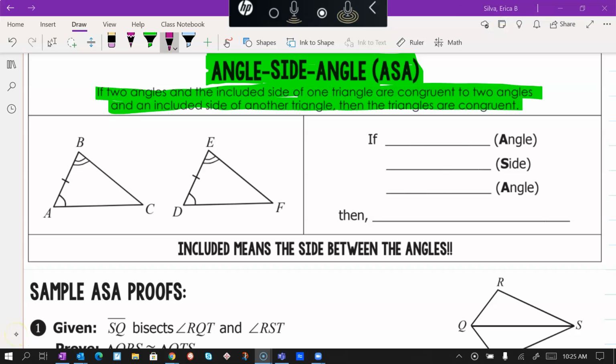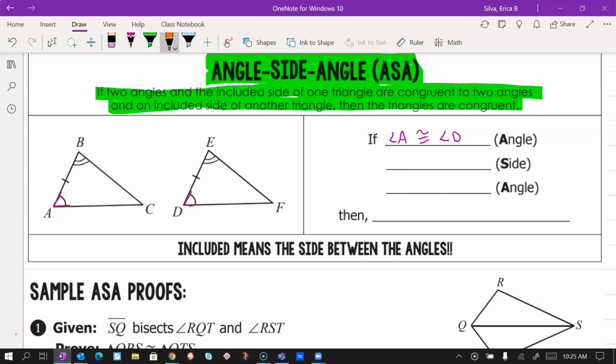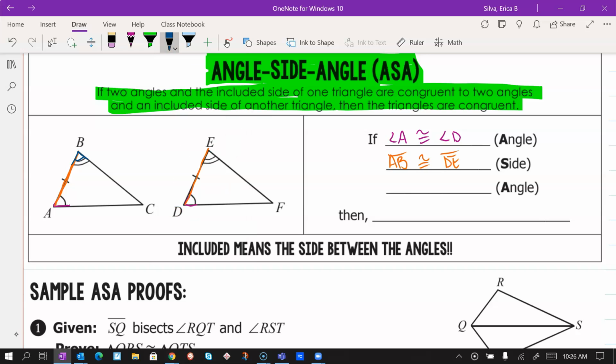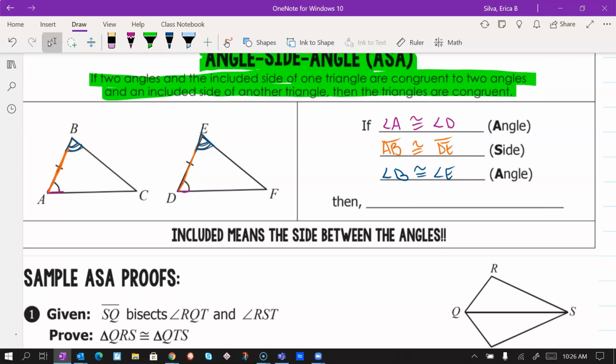All right, so we are going to say if angle A is congruent to angle D, and then this side that's right next to it, AB, is congruent to side DE, and the angle B is congruent to angle E, then we can say that the two triangles are congruent by angle side angle.